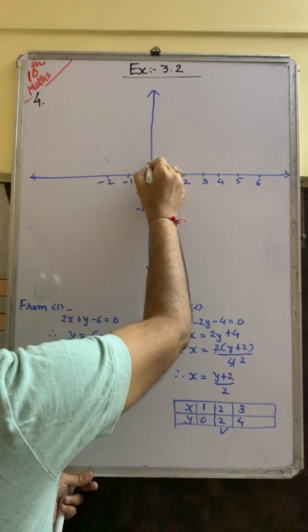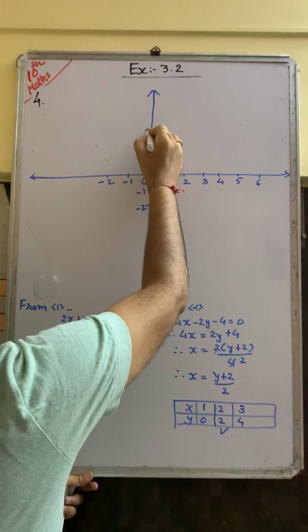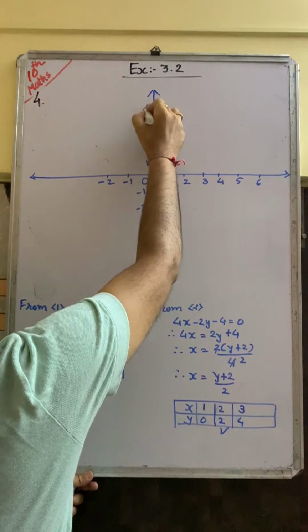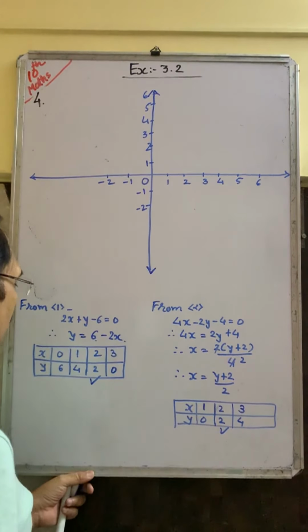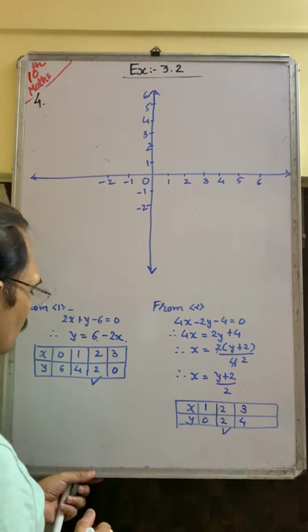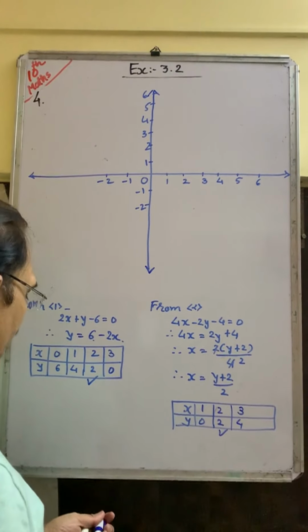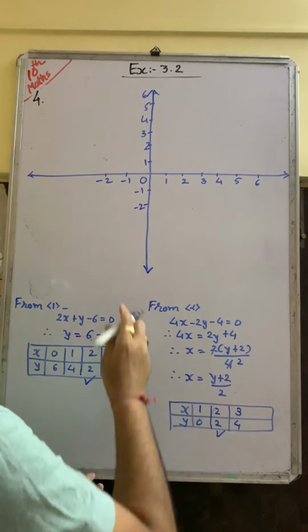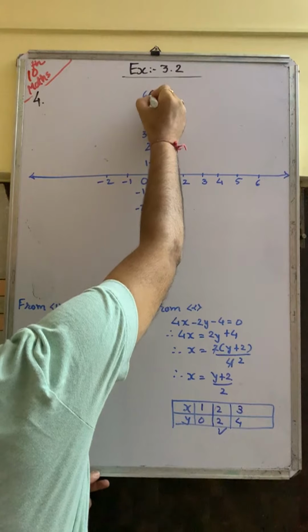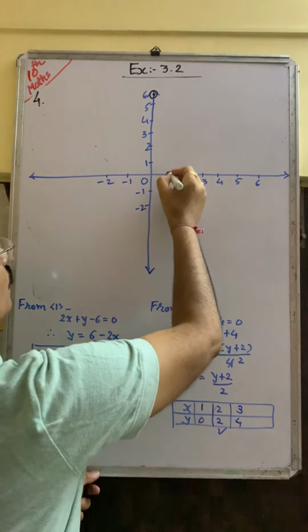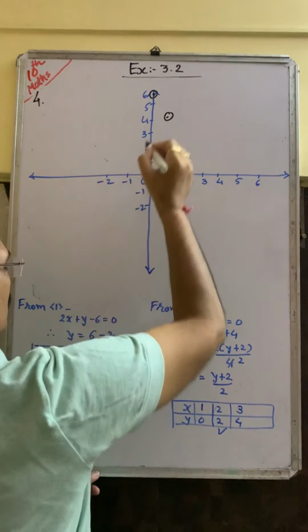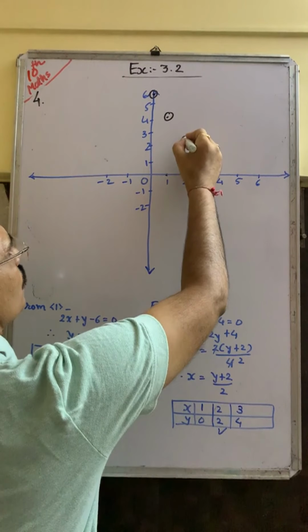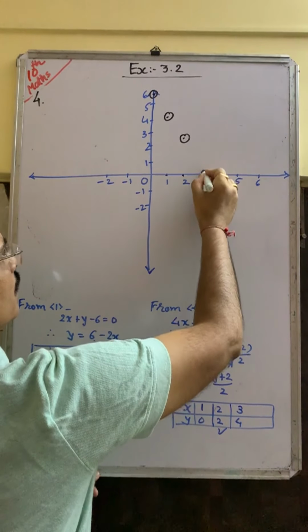Minus are not needed. 1, 2, 3, 4, 5, 6. See, x coordinate 0 and y coordinate 6. x coordinate 1, y 4, 2, 2, and 3, 0.